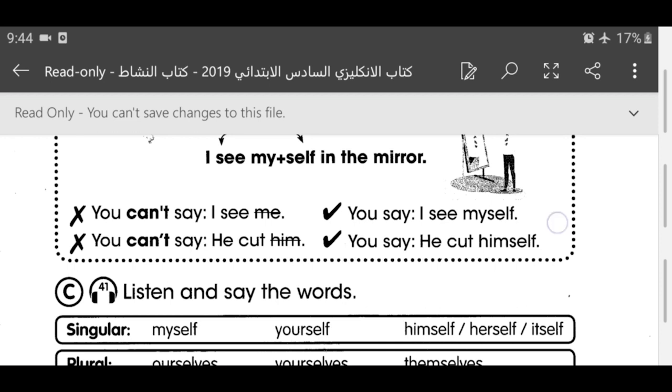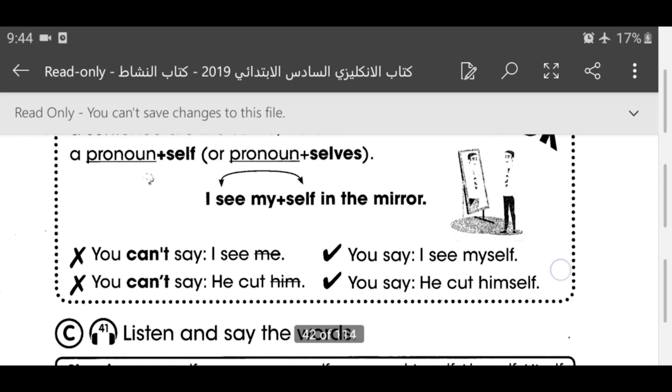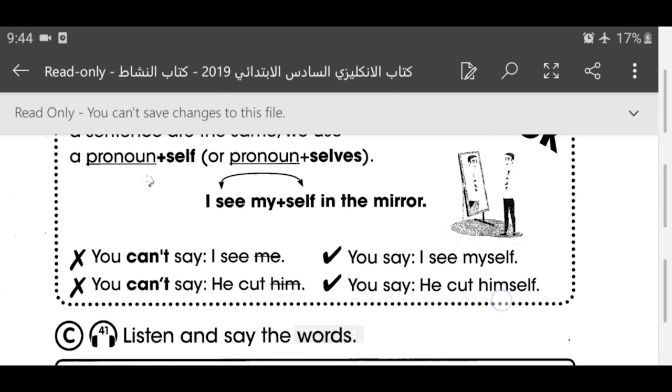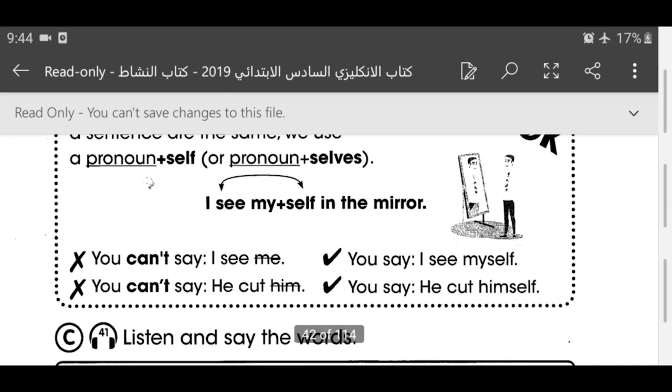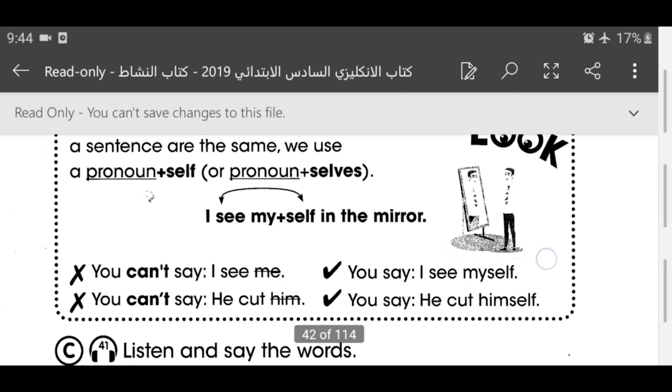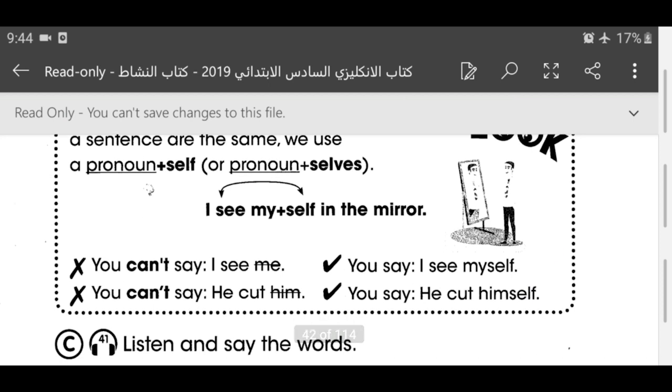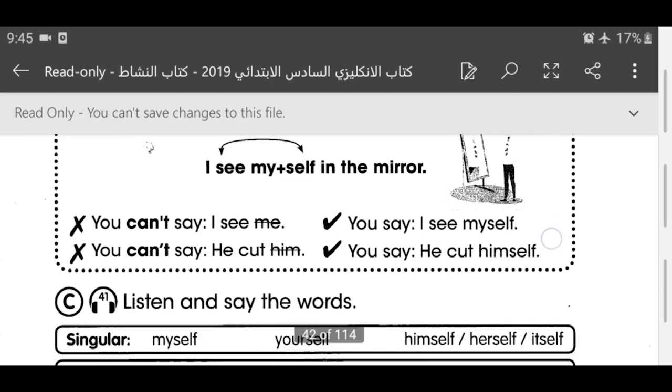He cut himself. We take the pronoun and add the syllable self. I see myself. He cut himself.